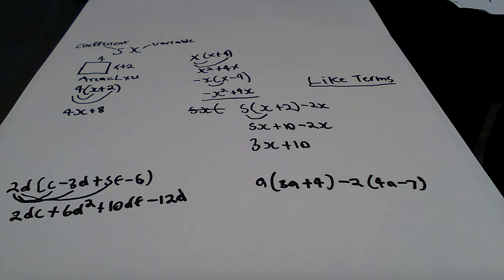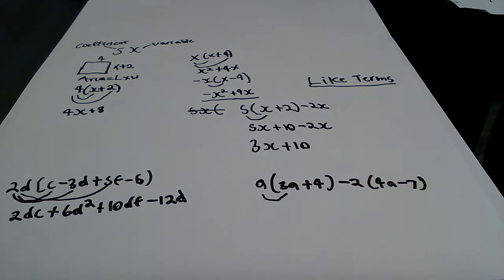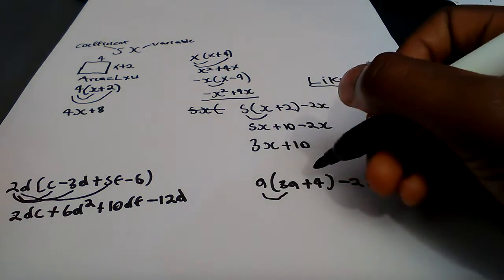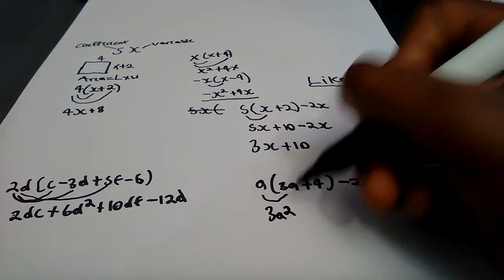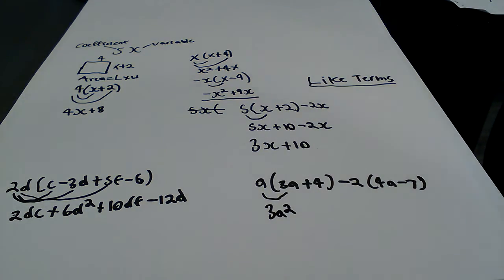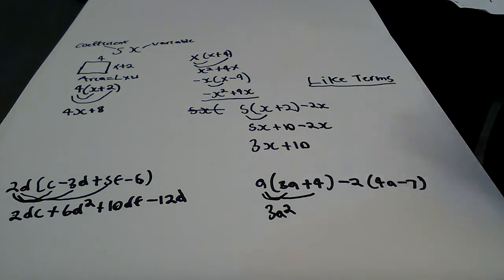So for this one, what we'll do, essentially, we'll pick the first equation. So simple. a times 3a will be what? 3a squared. That's right. Okay. So then we'll do a times 4 will be what?